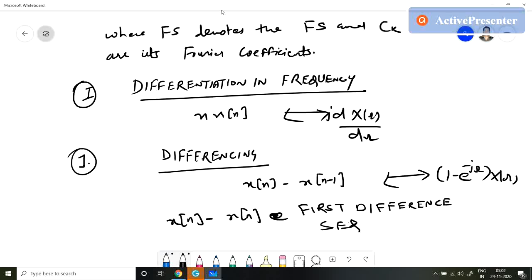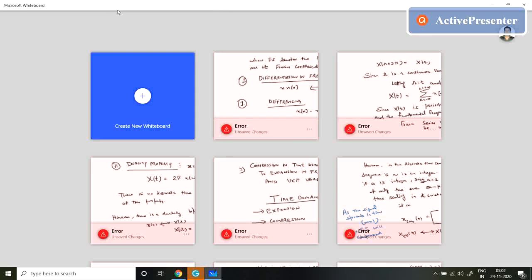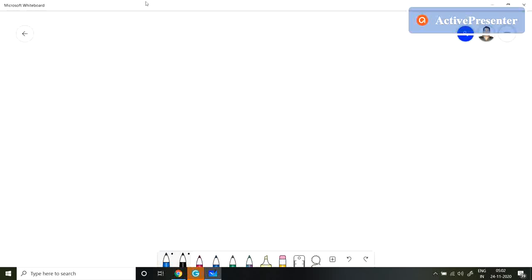Lastly, we can see that there are many more properties like this, but these properties are very important.